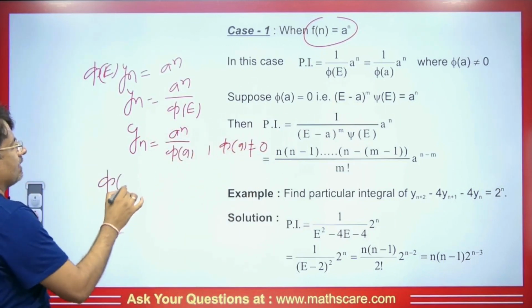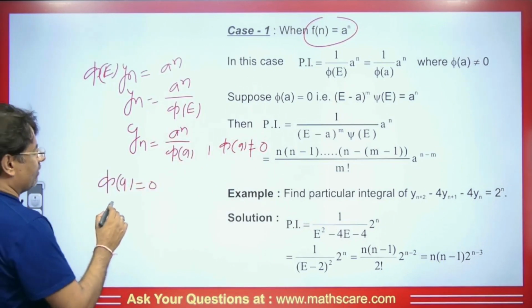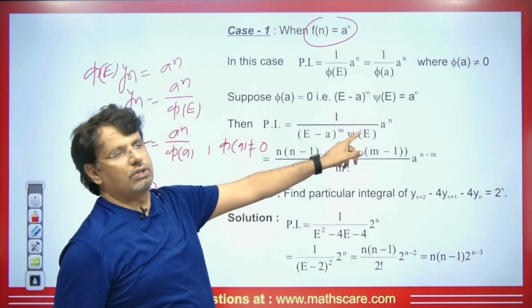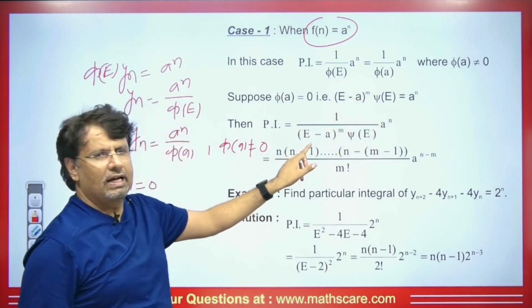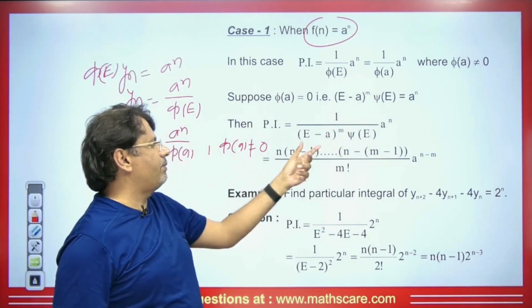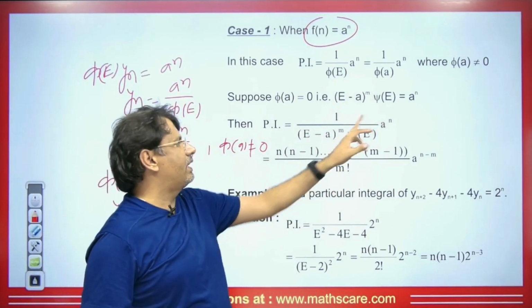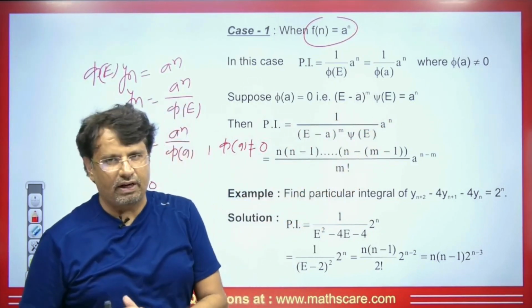Now you might think, what if it becomes 0? In that case, what will we do? I will explain a trick. The formula is: if the denominator becomes 0, then we have (E minus a) power m in phi(E), and upon putting a the denominator becomes 0. When we differentiate it m times, we get m factorial, and when we take the derivative n times, n comes in front, then n minus 1, and we continue until m minus 1 of this a.